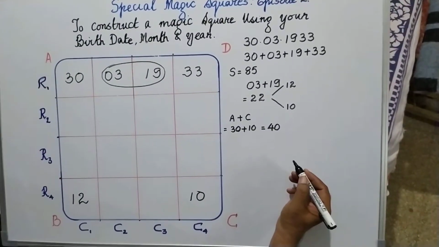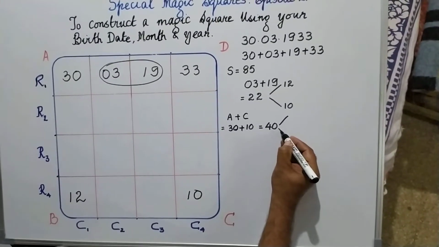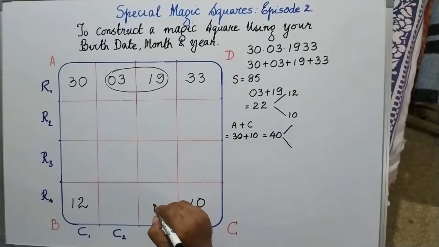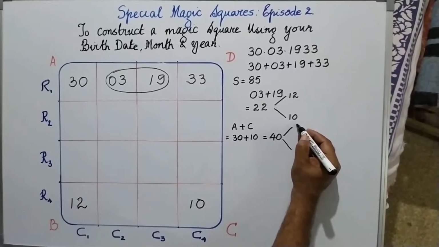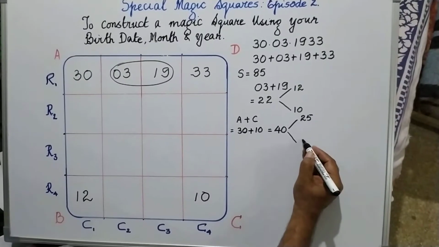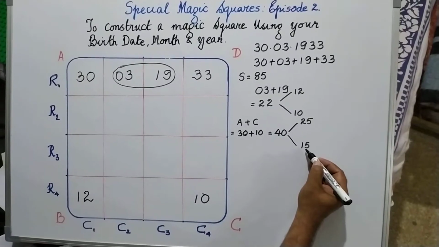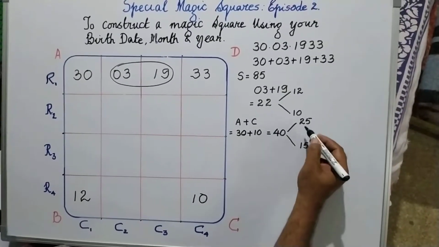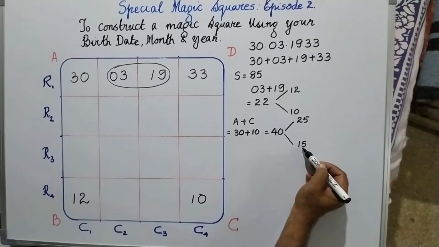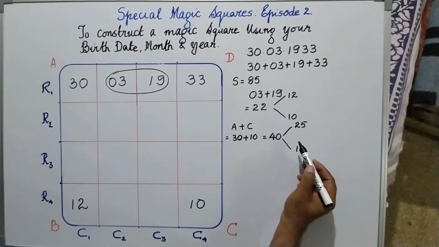The sum that I get, 40, I will again split into two parts. The two parts that I have split it as are 25 and 15. You need not do it this way also. You can choose the two parts independently, like 20 and 20, 30 and 10, whatever. I have chosen it as 25 and 15.